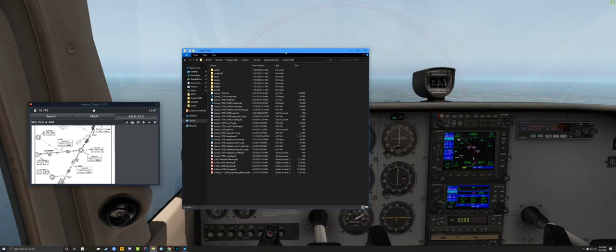Well, the reality is, if you could just hop into X-Plane and not have any learning curve, it would be more of an arcade game than a simulator.